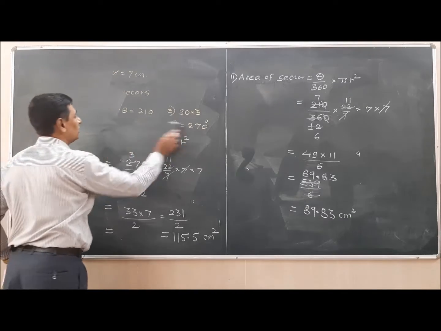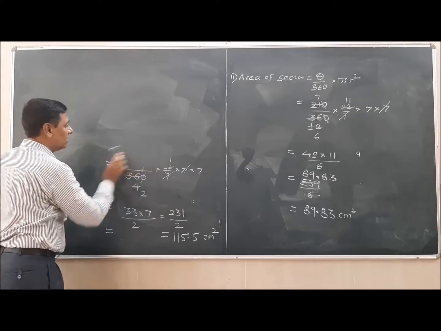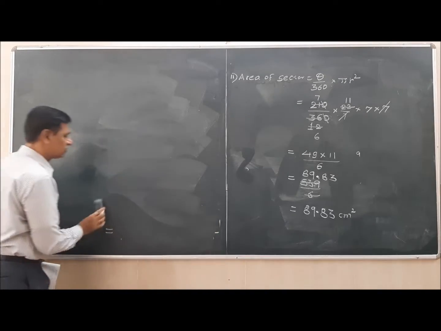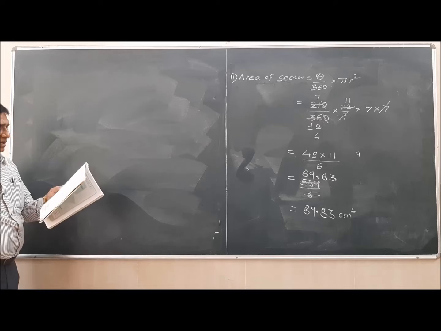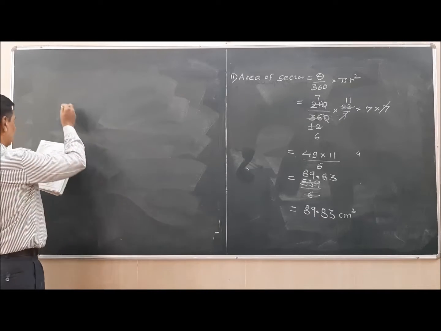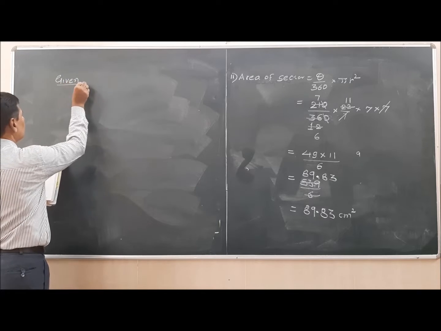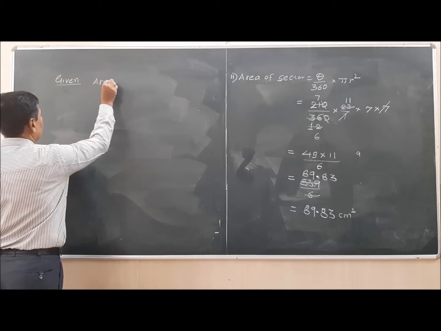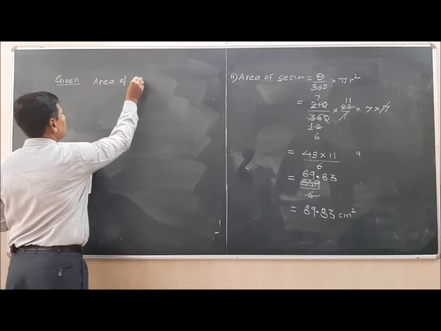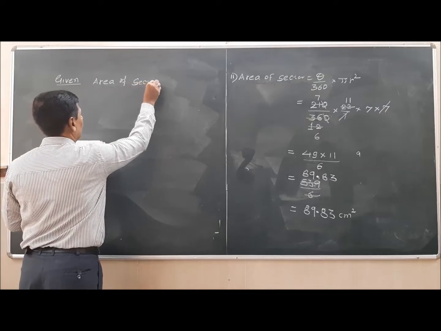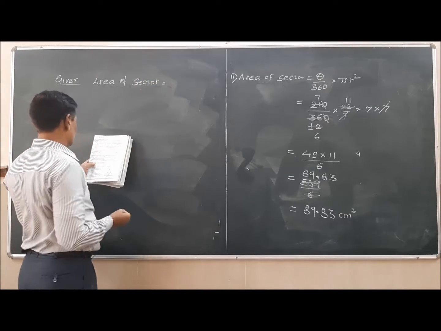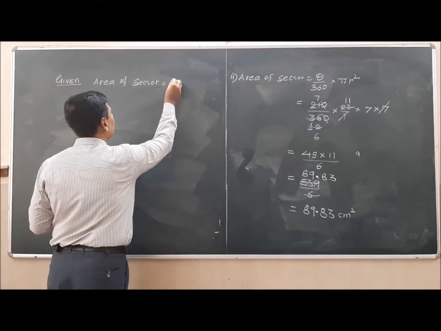So first they have given us area. Okay. So I'll write over here that given the area of sector, no figure in this question. So given area of sector is equal to 3.85.